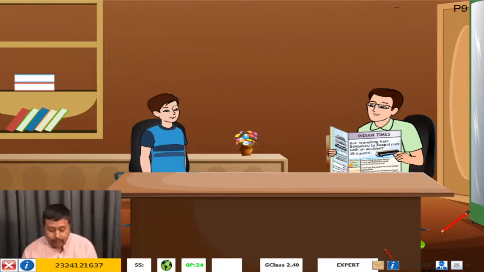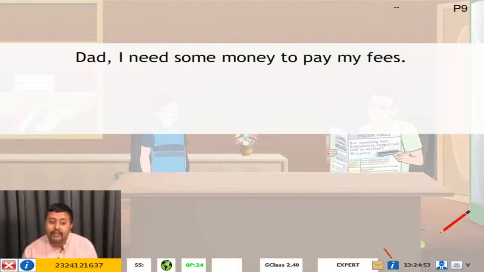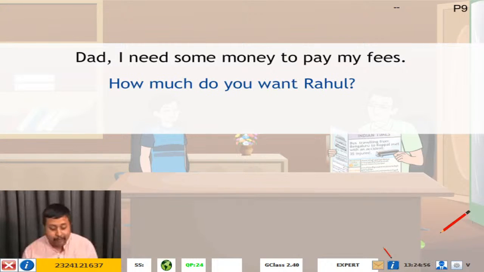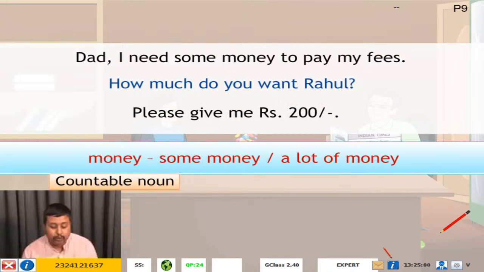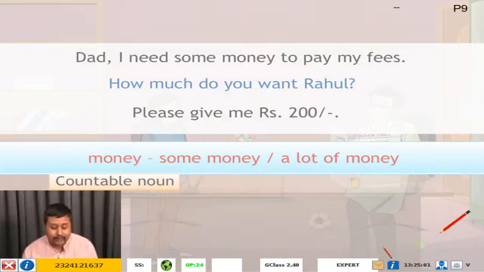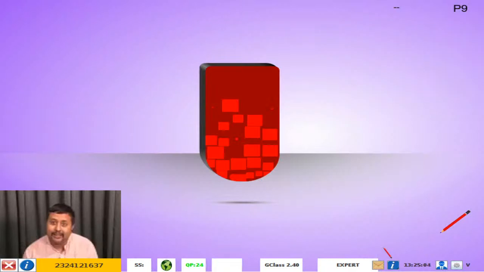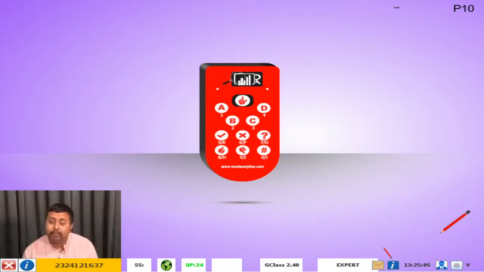So what can we learn here? Money is basically uncountable, but when you talk about rupees, that is countable.